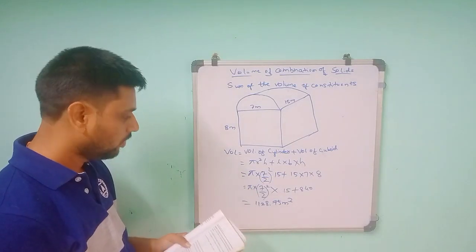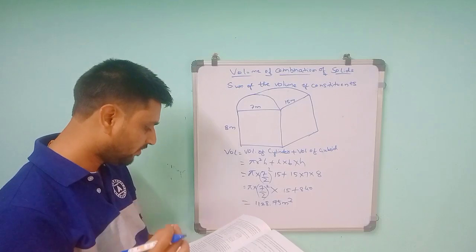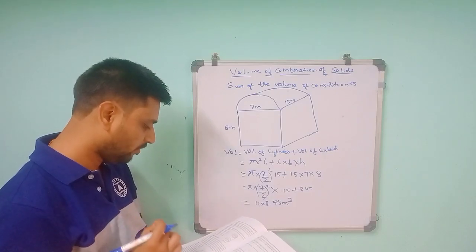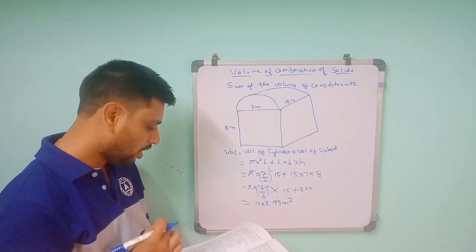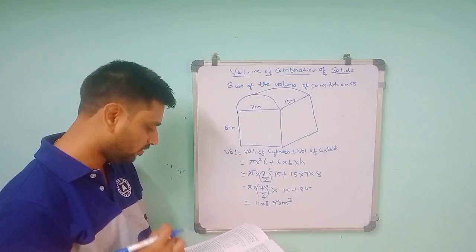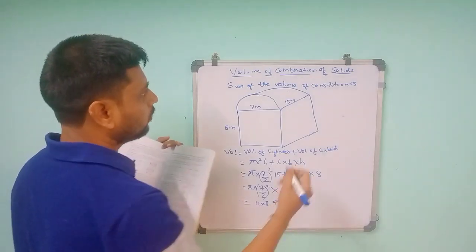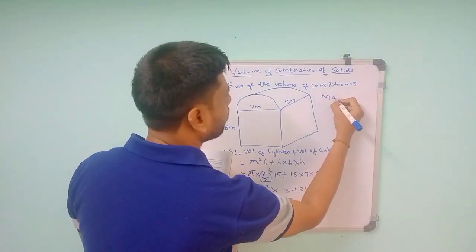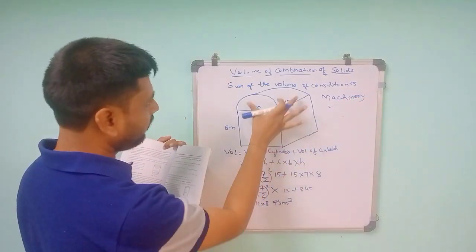Then one more condition they gave. Further, suppose the machinery in the shed occupies a total space of 300 meter cube and there are 20 workers, each of whom occupies about 0.08 meter cube space on an average. Then how much air is in the shed? So this is the total volume of the cuboid and the half cylinder.